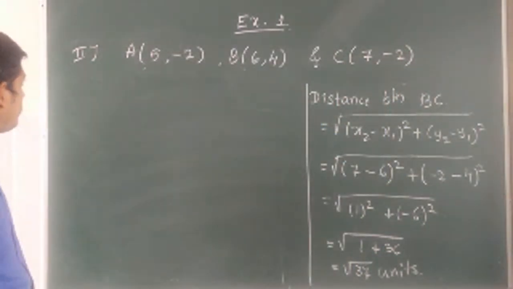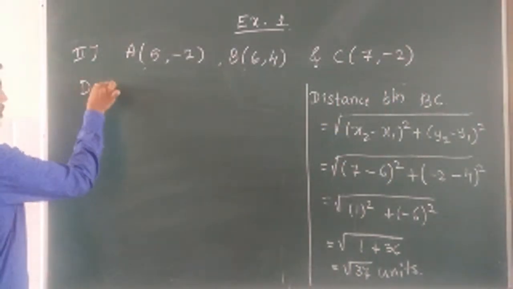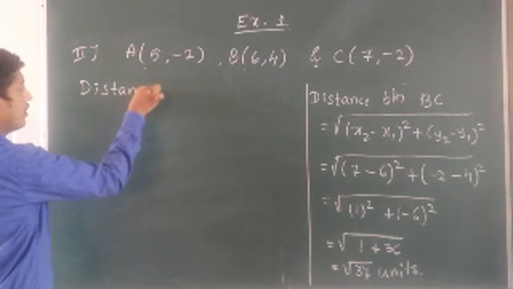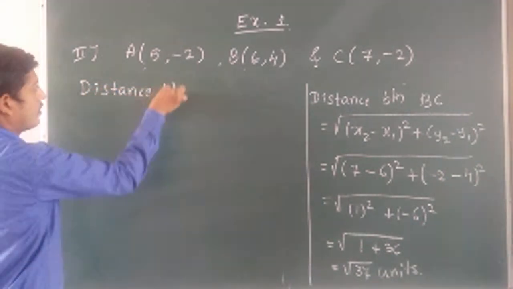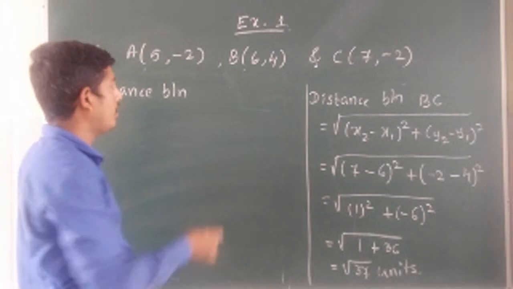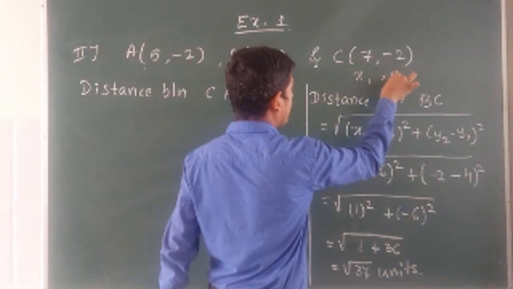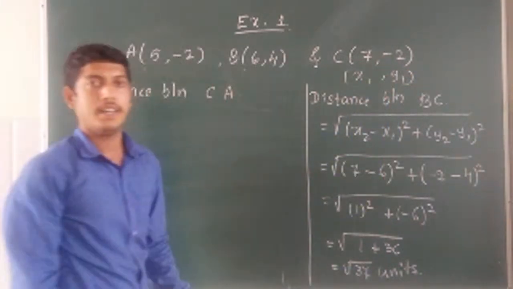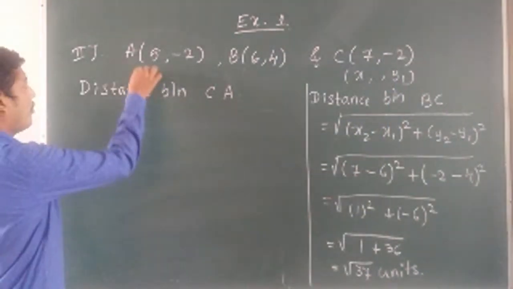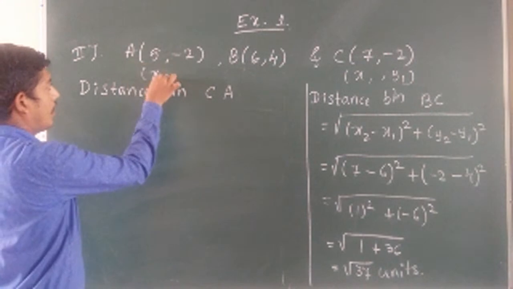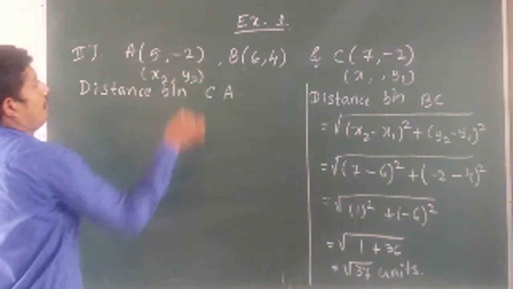Distance CA. So first I consider C, therefore I consider these 2 points as x1 comma y1, and for the point A I will consider x2 comma y2.